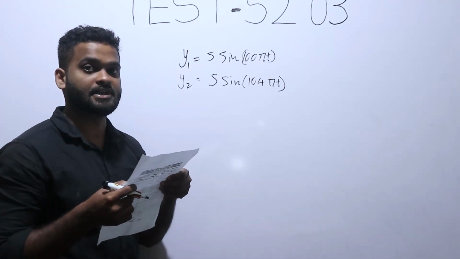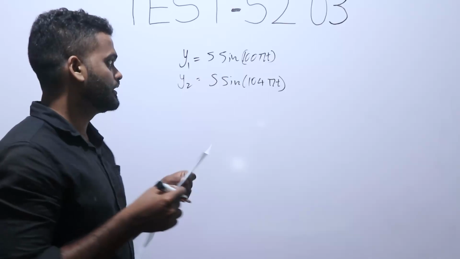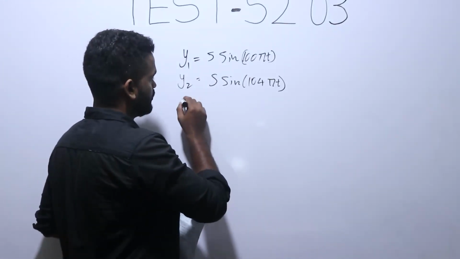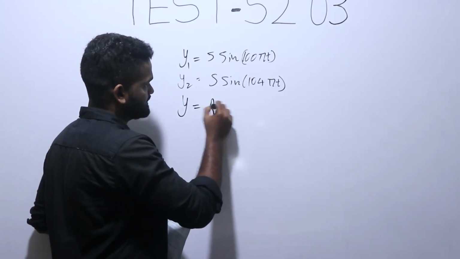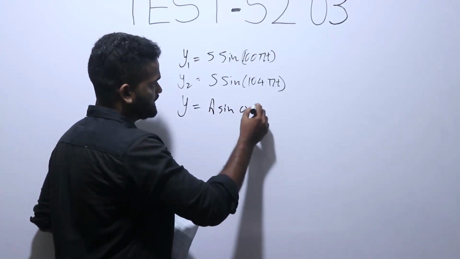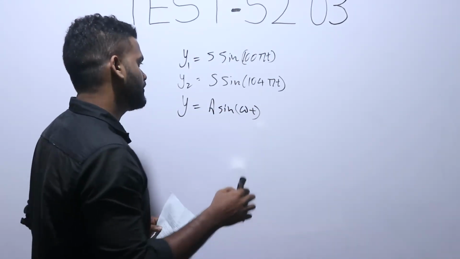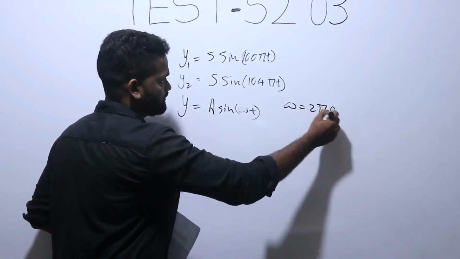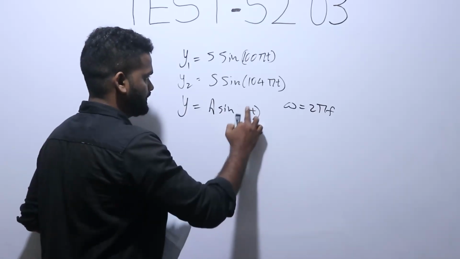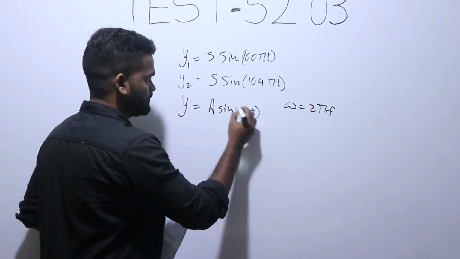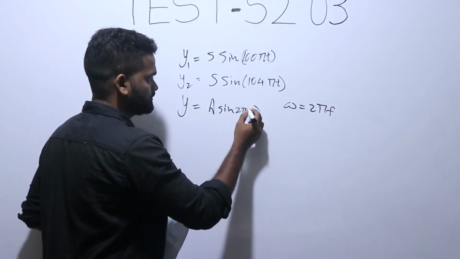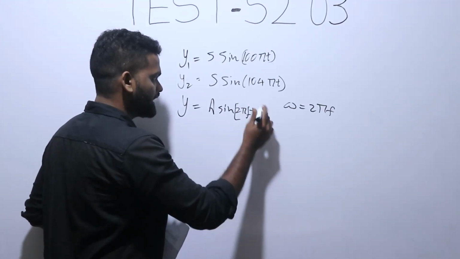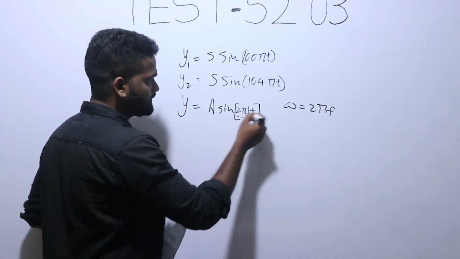What they ask is beat frequency. The common equation is y equals a sine omega t. Omega is equal to 2 pi f, right? So instead of omega here, I can use 2 pi f t.